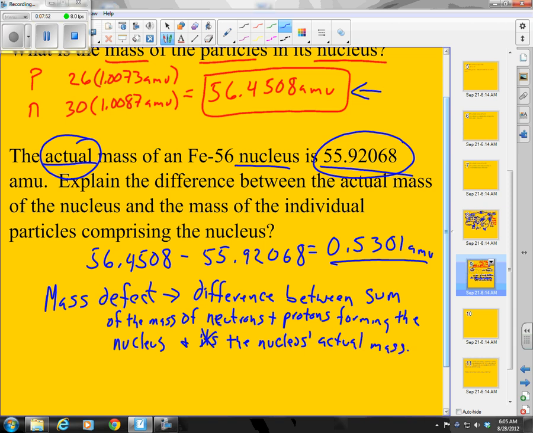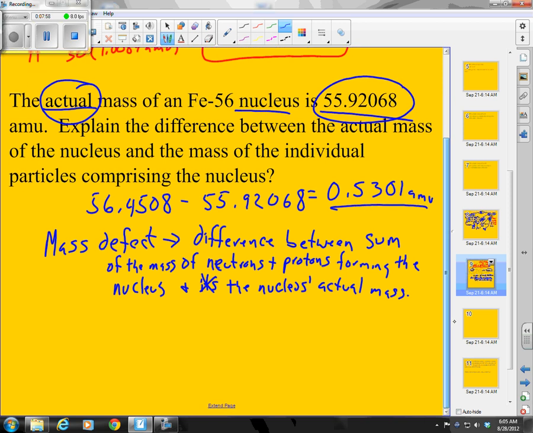Got it? The difference between the sum of the mass of the particles forming the nucleus and the nucleus's actual mass. And with this mass defect, this sum is always going to be greater than the actual mass.